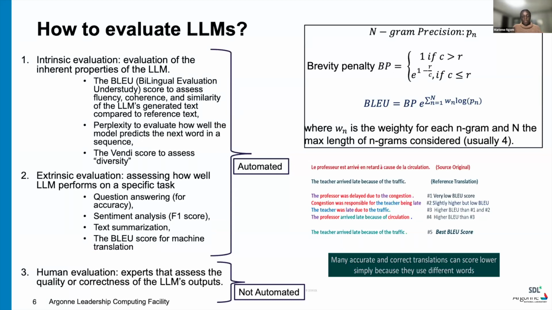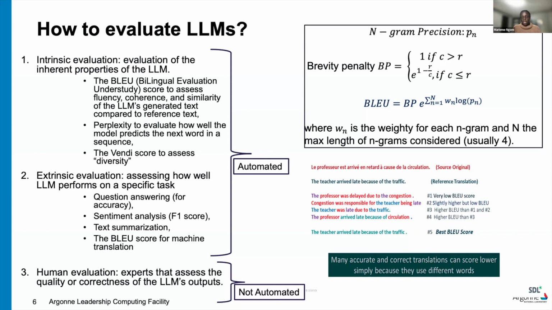Now, how do you evaluate LLMs? You can divide evaluations of LLMs into two categories: basically an automated one and a not automated one. Not automated usually involves a human in the loop, meaning that you have an expert who can assess the quality or the correctness of your LLM output.